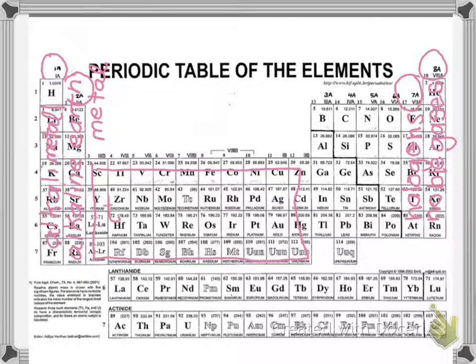And transition metals are in the group here in the middle. In the traditional naming of the groups, they have the letter B. And inner transition metals are down here. Inner like inside.